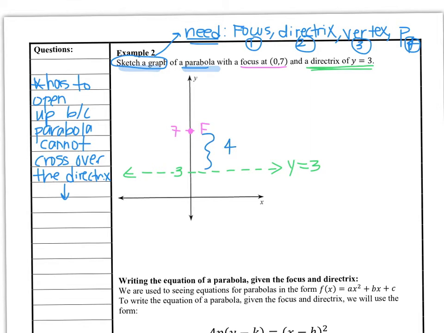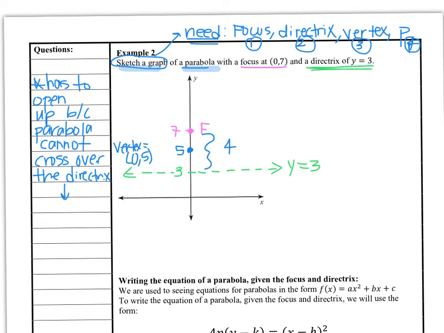Half of that is 2. So what's halfway between 3 and 7? This one's relatively easy. The halfway point between those two numbers is 5. So our vertex is at the point over 0, up 5.